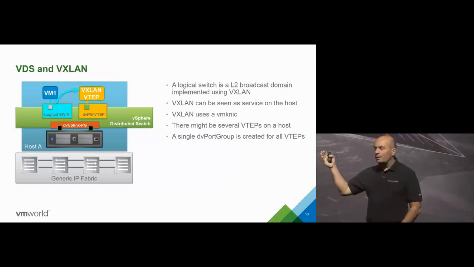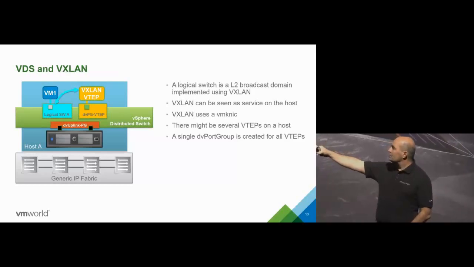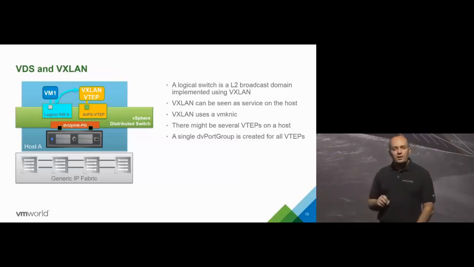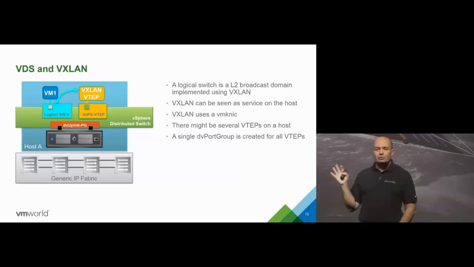So when a virtual machine sends some traffic on its logical switch, on this local virtual switch, this traffic is going to be encapsulated through this VXLAN VTEP service that we have added to the host. And this VXLAN VTEP is connected to its own DV port group that I've represented in orange on this slide. There can be several VTEPs, but they will share the same DV port group. And this is important. We'll see a little bit later why.